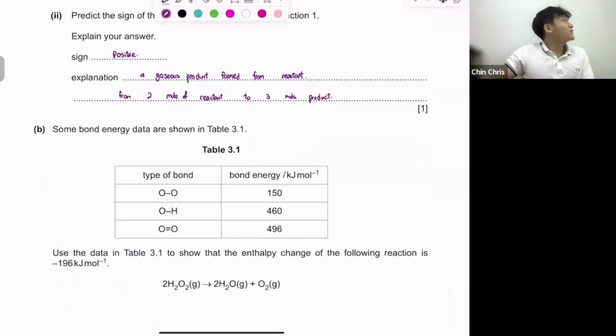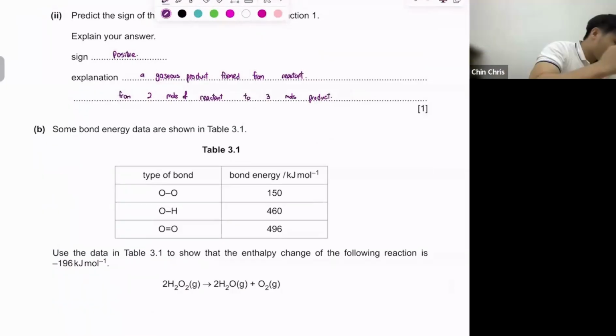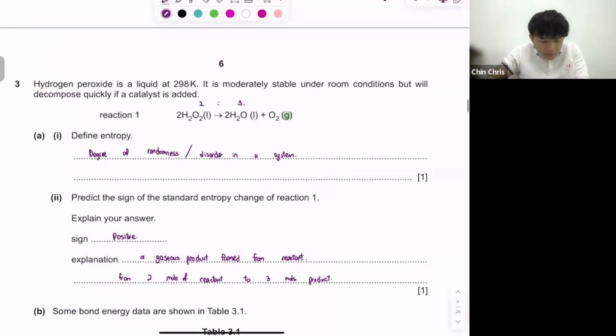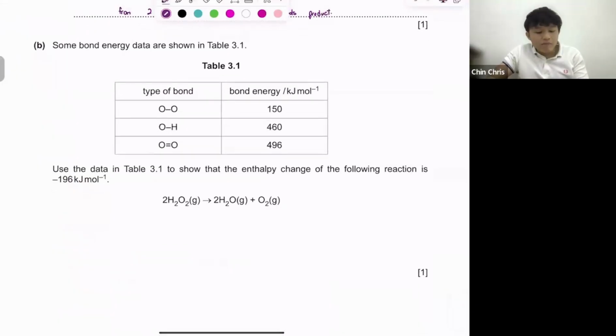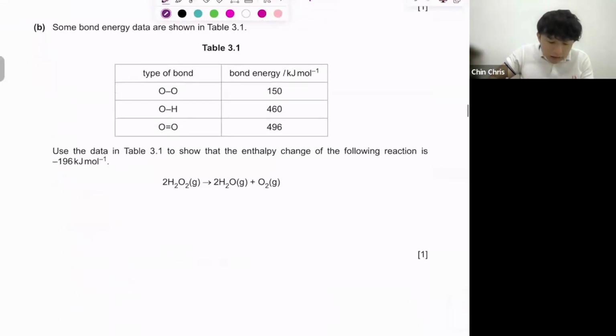Alright, guys. Next, energy. So familiar, right? So AS, right? These are all the honeymoon chapters, guys. You must score it. Use the data to show that the enthalpy change of the following reaction is negative 196. So, guys, that's H2O2.